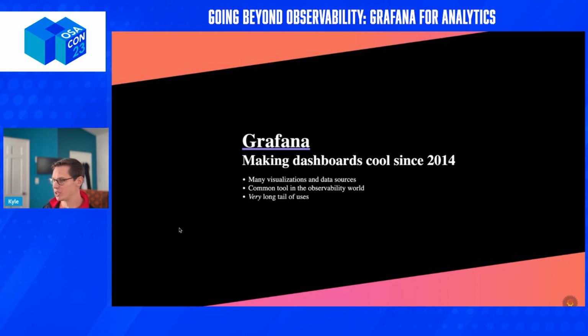So there is a very long tail of use cases for Grafana that goes outside of software operations and outside of the data center. I've seen Grafana used in everything from tracking satellites to tracking racing sailboats to robots to everything in between. So there are quite a few different use cases we can get into when it comes to Grafana.